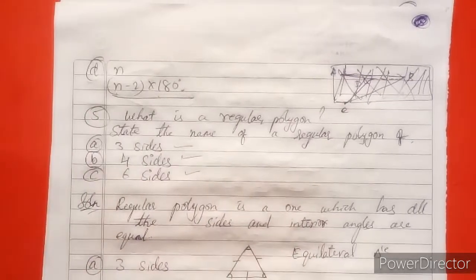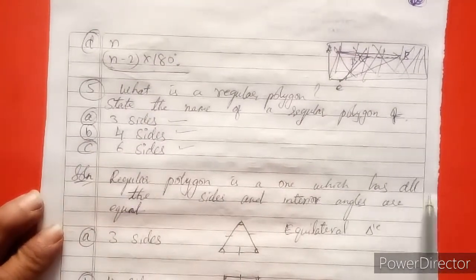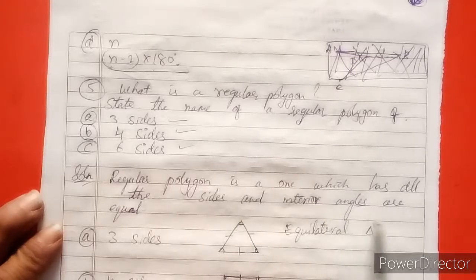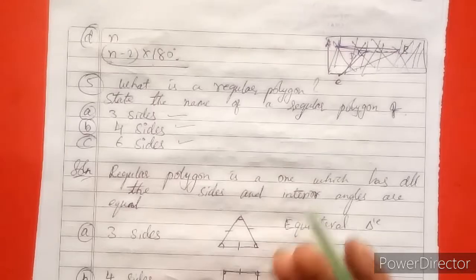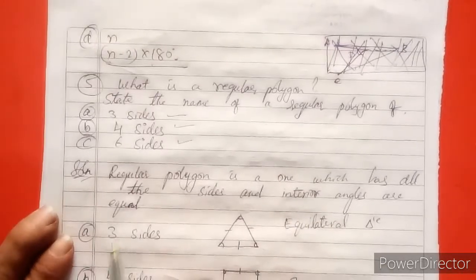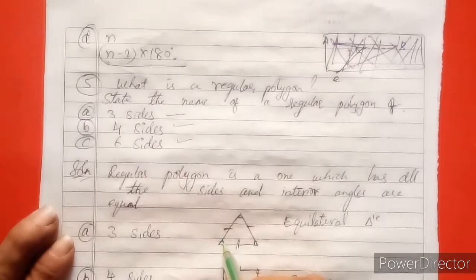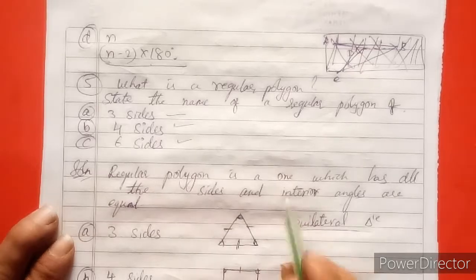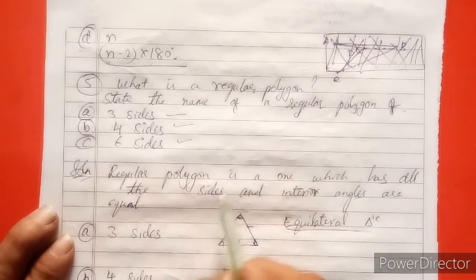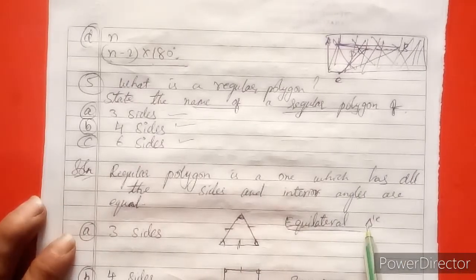First of all I would like to explain what a regular polygon is. A regular polygon is a polygon which has all sides and interior angles equal, just like a 3-sided figure, I will explain here. So here see 3-sided, all the sides are equal, right, and the angles are also equal, 60 degree, 60 degree, 60 degree. Then they told us to name that regular polygon, that is an equilateral triangle.